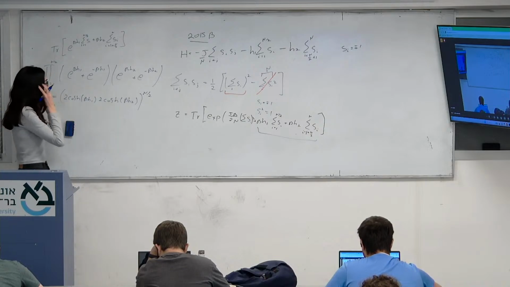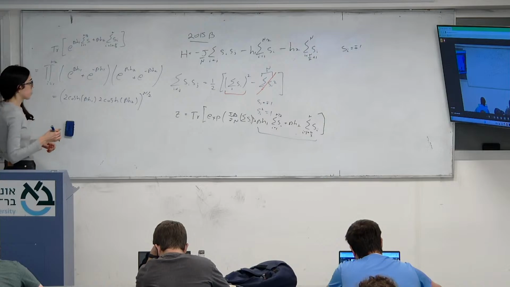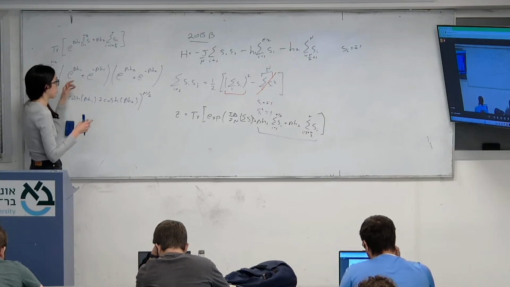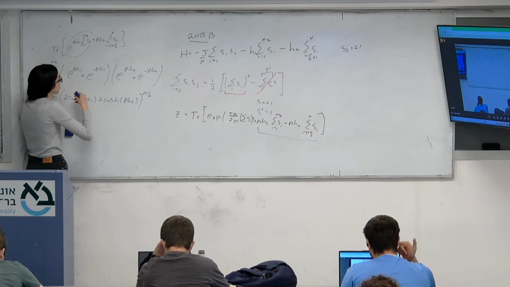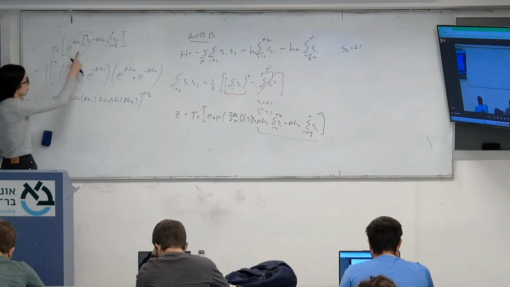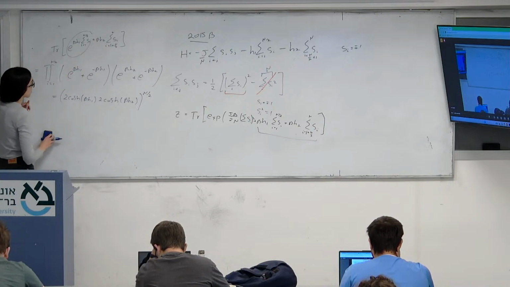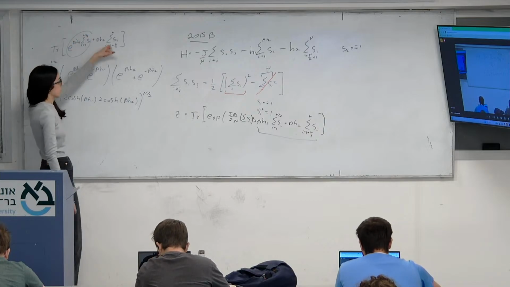What happened is that you multiply n times, but you have different multiplications for each field. So this summation has n over 2 terms, and here I have n over 2.